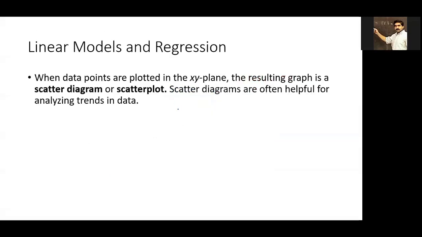Linear models and regression. When data points are plotted in the x, y plane, the resulting graph is a scatter diagram or a scatter plot. Scatter diagrams are often helpful for analyzing trends in data.